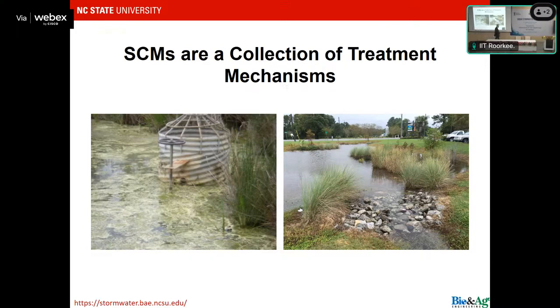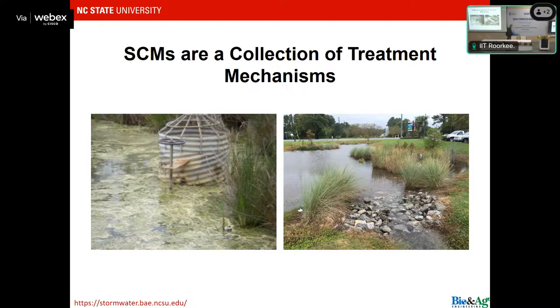So stormwater control measures, or SCMs, are collections of treatment mechanisms, all right? We give them fancy names like constructed stormwater wetland, but the reality is that these are bundles of treatments that help clean the water or help reduce the volume of runoff.